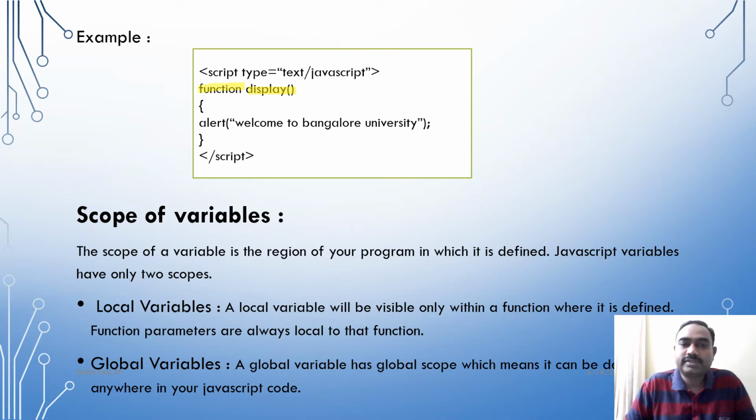Local variables are declared within a function, and are available within the function only. Global variables have global scope, which means they can be declared outside or anywhere in the JavaScript code. You can access those variables anywhere in the program.